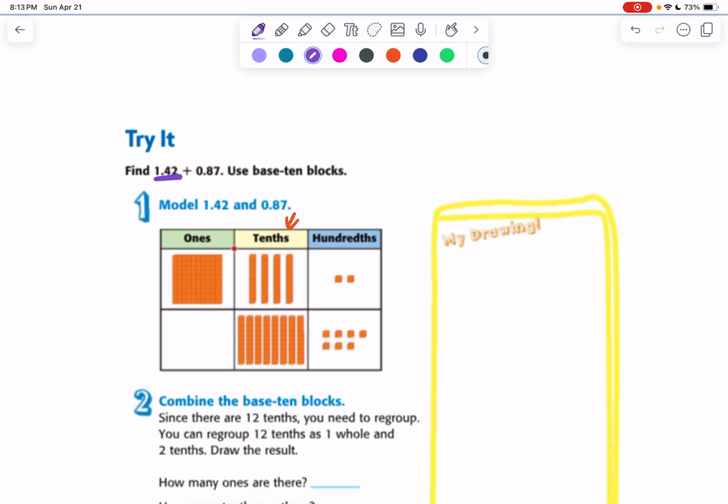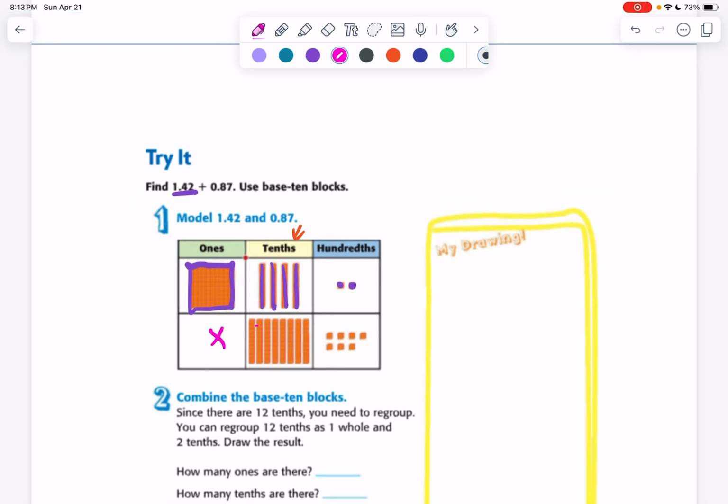So modeling our first one, we have 1 whole, and then we have 4 tenths, 1, 2, 3, 4, and 2 hundredths. And then in our second one, we don't have any wholes. We have 8 tenths, 1, 2, 3, 4, 5, 6, 7, 8, and 7 hundredths, 1, 2, 3, 4, 5, 6, 7.